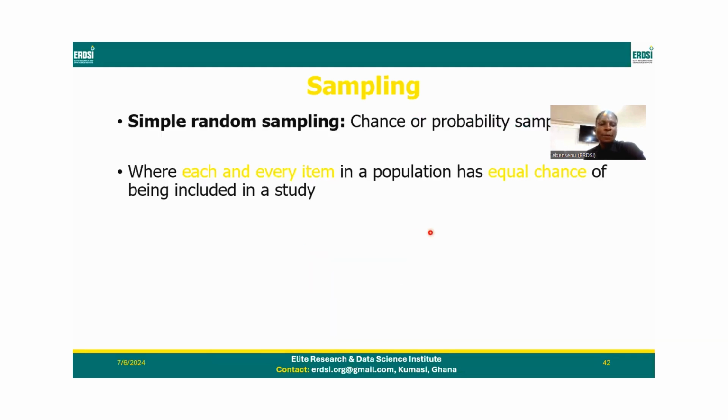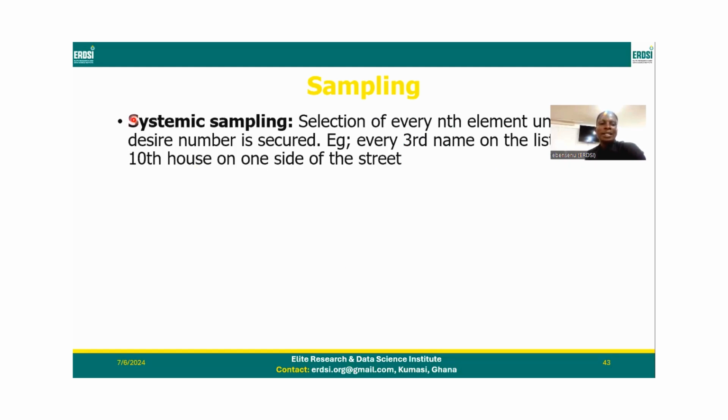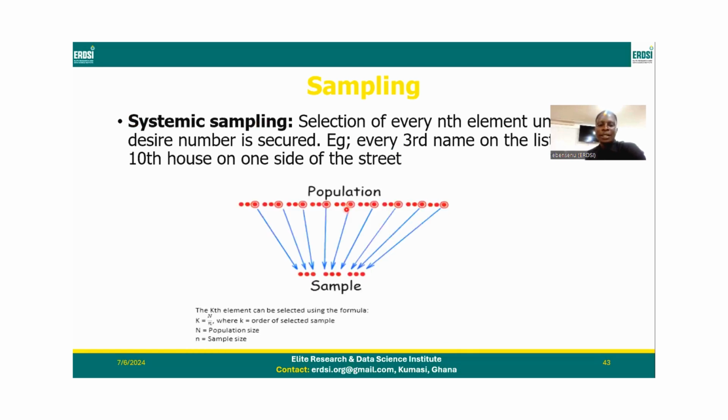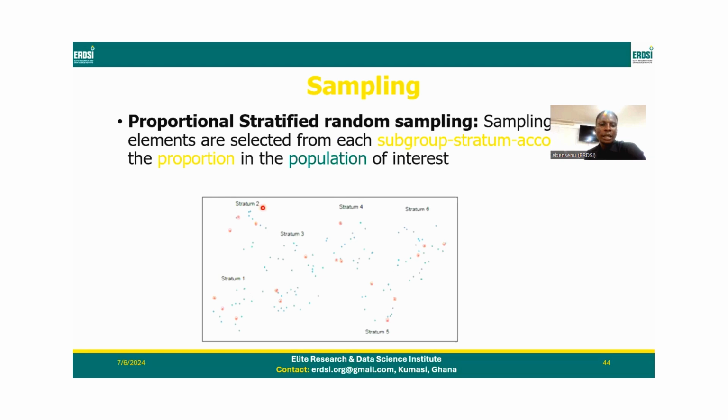We have a lot of them. Whether it is simple random sampling, where every participant has an equal chance of being selected. In that case, the sampling technique is simple random sampling. Or is it a systematic design we are going to use where, for example, every third person in the study population will be recruited? You have to also define how you are going to sample your population. Or is it stratified?